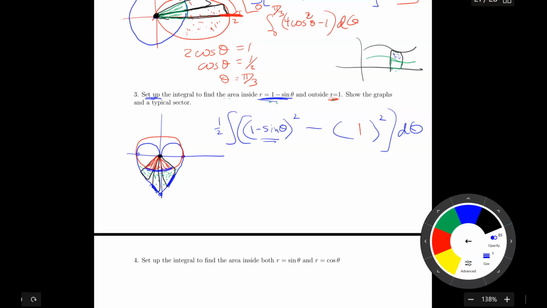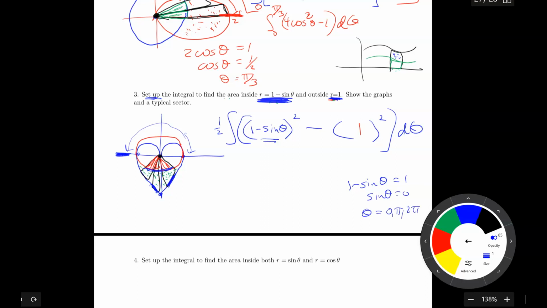So just because of context, you know this takes 0 to 2 pi to go around. This takes 0 to 2 pi to go around. So it's not here, right? It's not anywhere in the 0 to pi. It actually starts where they intersect, which is pi, I'm pretty sure. Let's double check. So if I set 1 minus sine theta equal to 1, I get sine theta is 0, so that's 0, pi, and 2 pi.